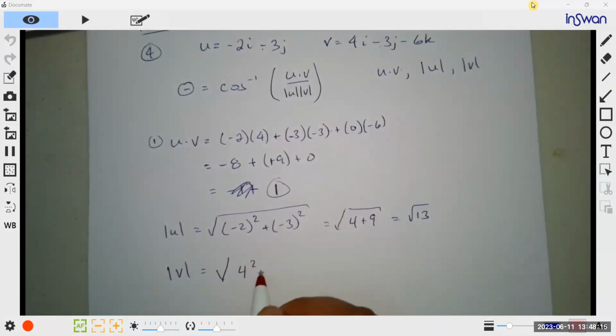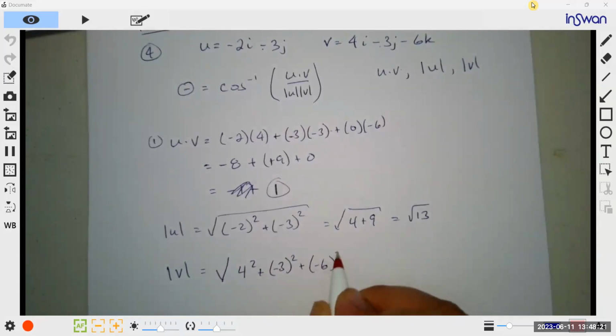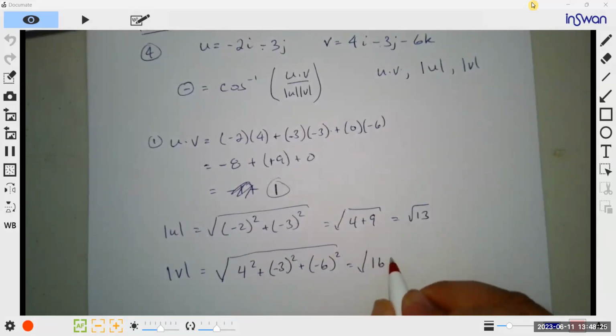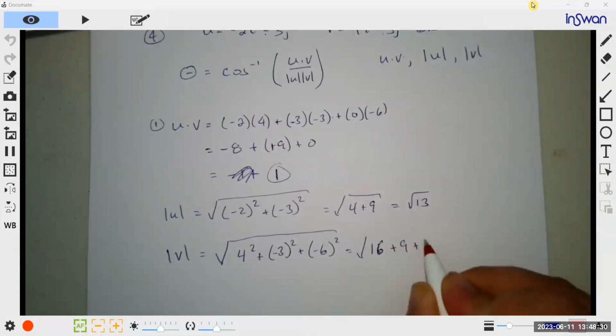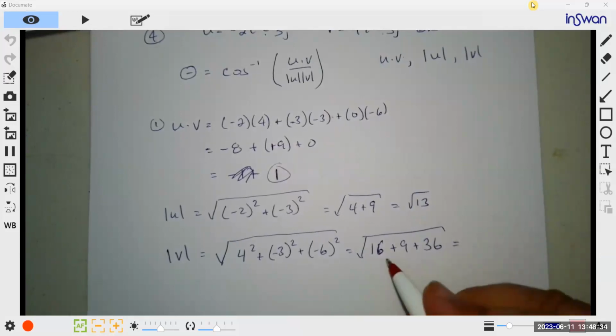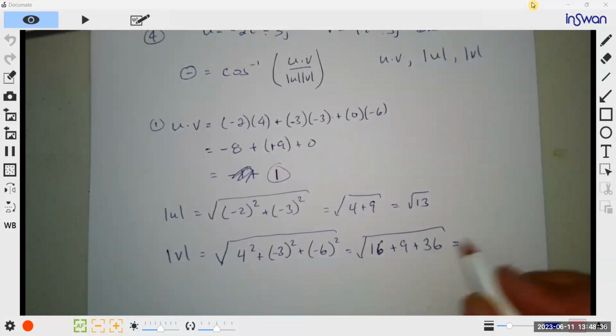The magnitude of v: 4 squared, negative 3 squared, negative 6 squared. 16 plus 9 plus 36 is radical 61.